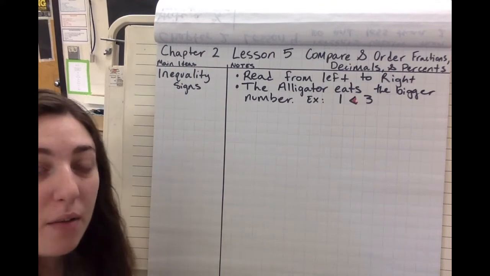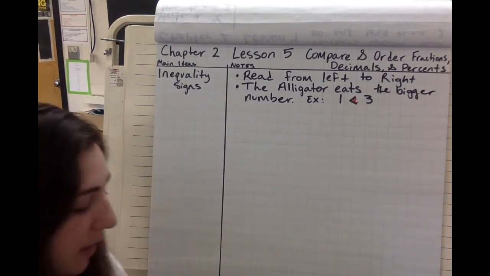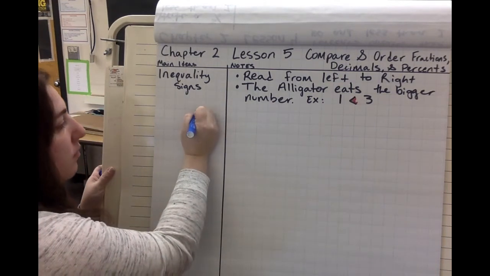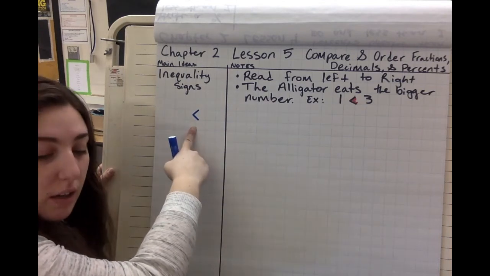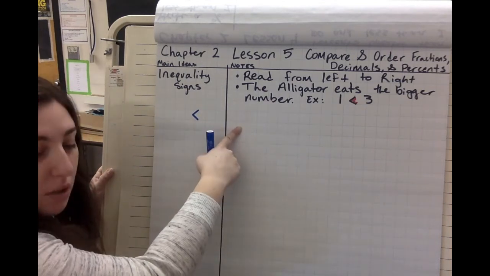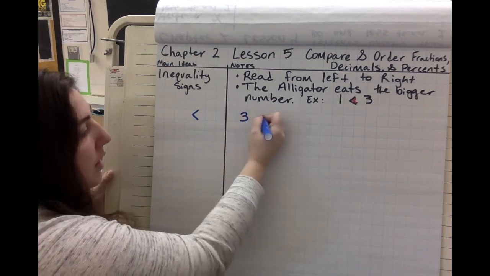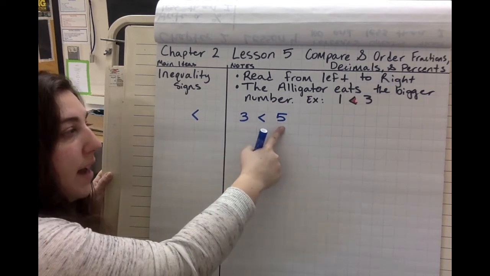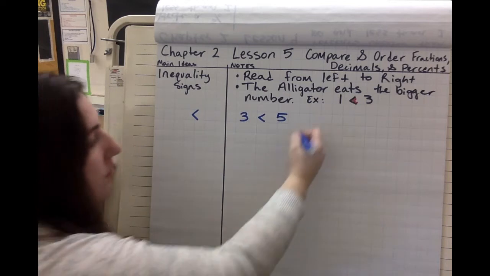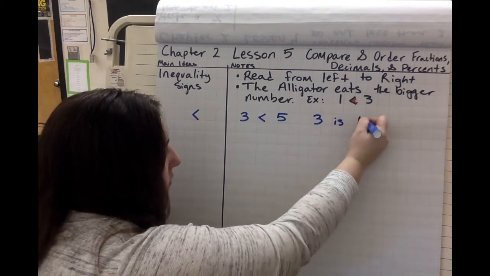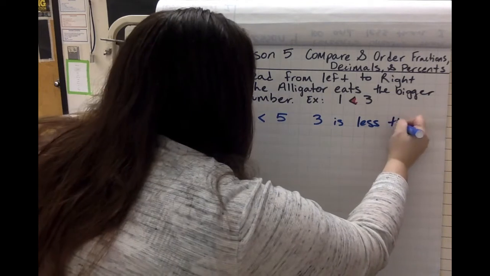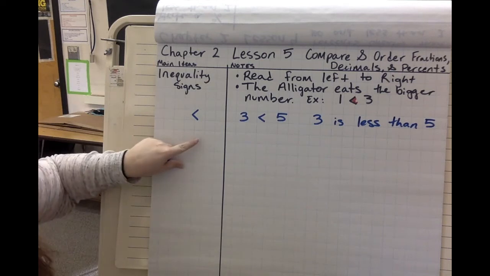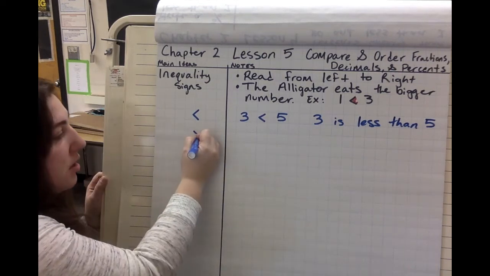All right, so now that we have the basis for inequality signs, let's do a couple of examples. So here's one inequality sign, and here's how we would use it. 3 is less than 5. That's how you would read it. All right, and then the next inequality sign is just the opposite of this one.